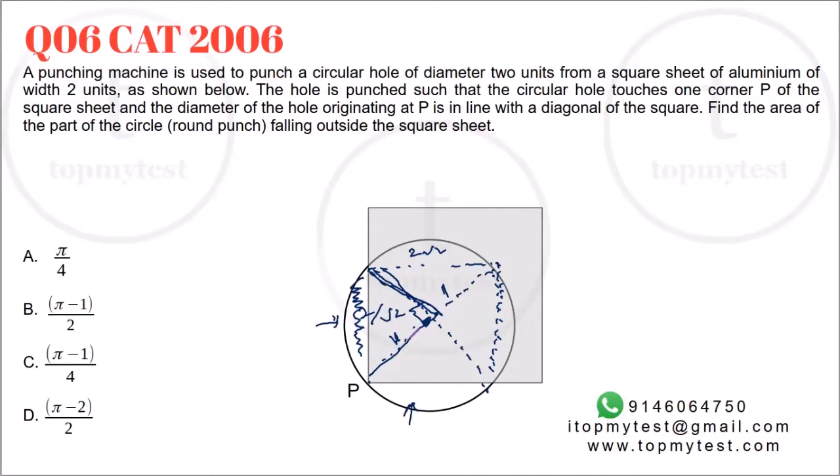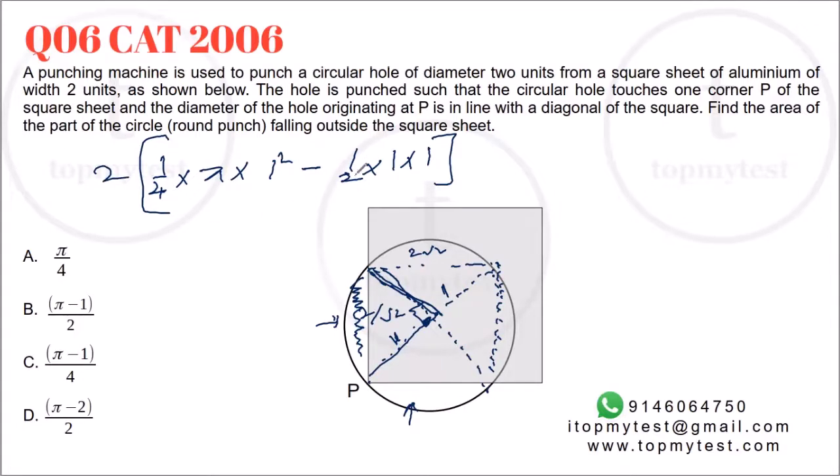One part of this segment will be 1/4 of pi into radius is 1, minus half of 1 into 1, since this is 90 degrees. So this will be one part of it. Twice of this will be outside, because one segment like this, and by symmetry the second segment will also be here.